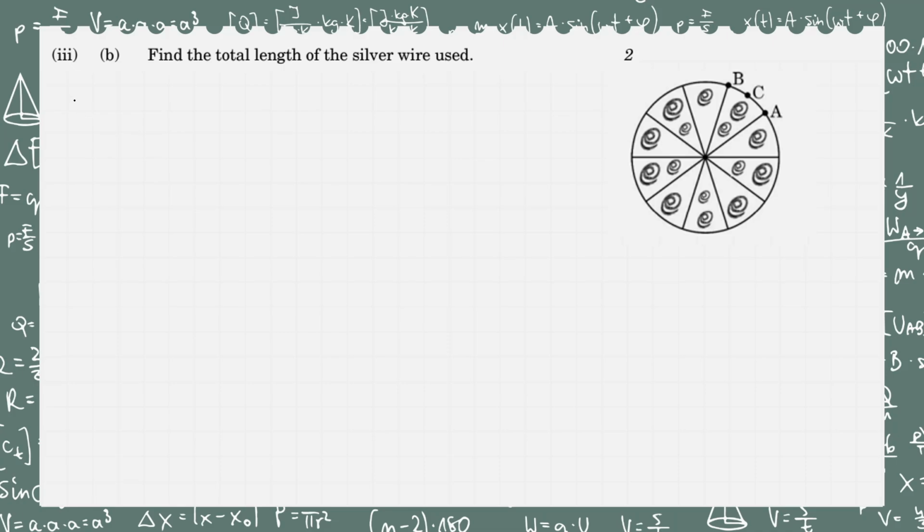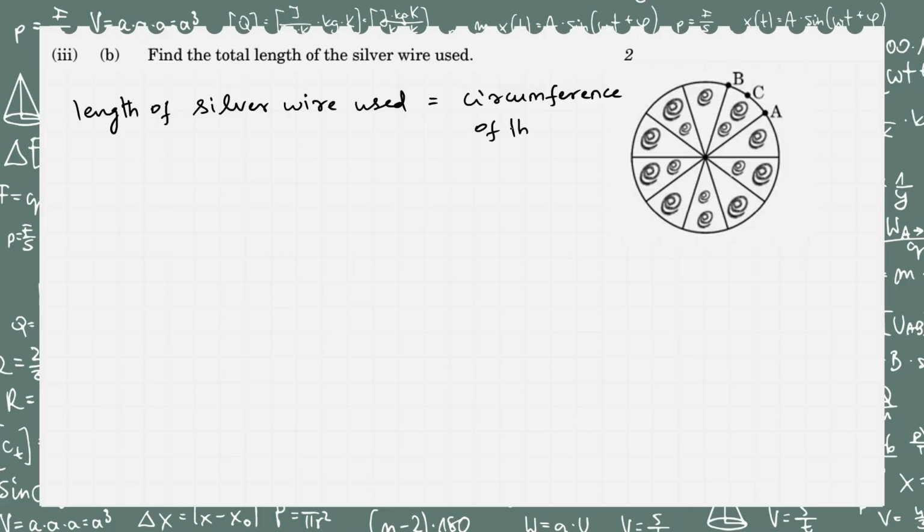So length of silver wire used equals circumference of the brooch plus length of 5 diameters. Correct? So circumference of the brooch will be 2 pi r and length of one diameter is 35 millimeter.